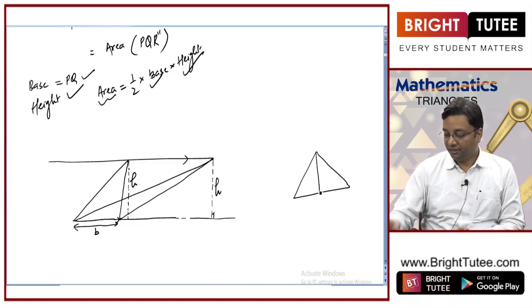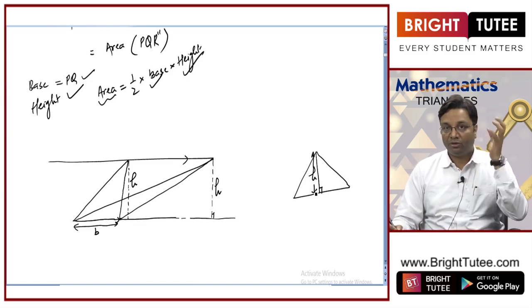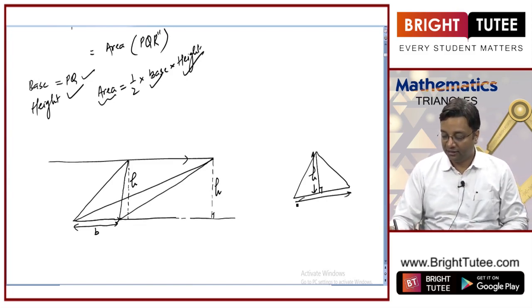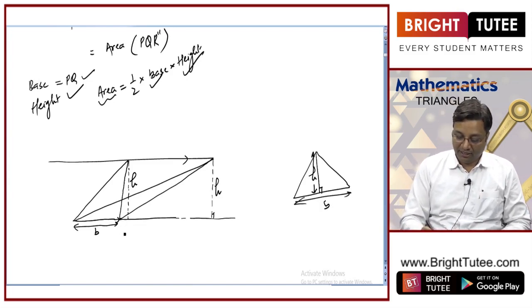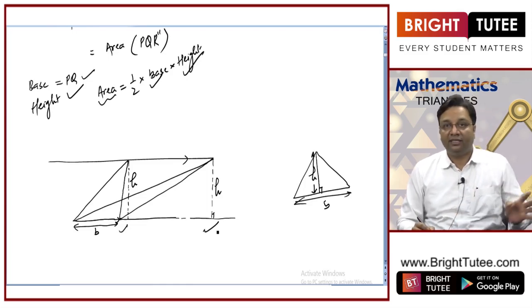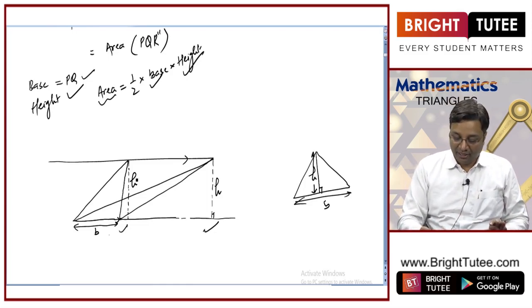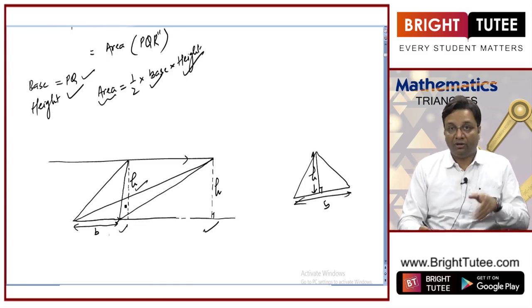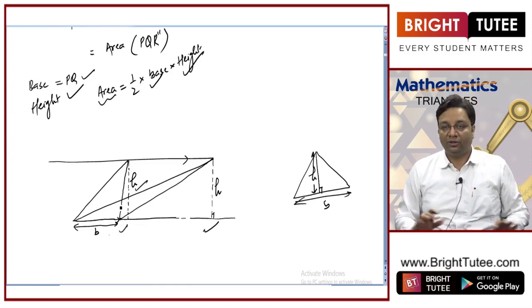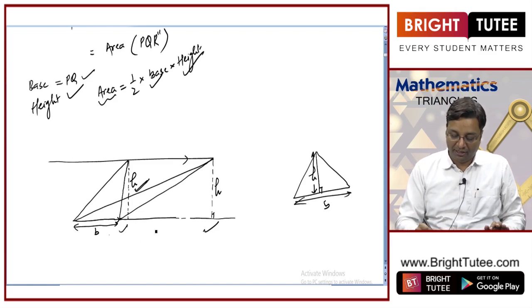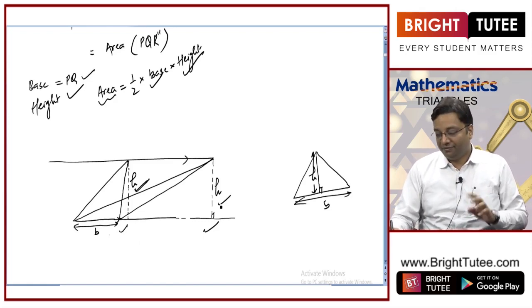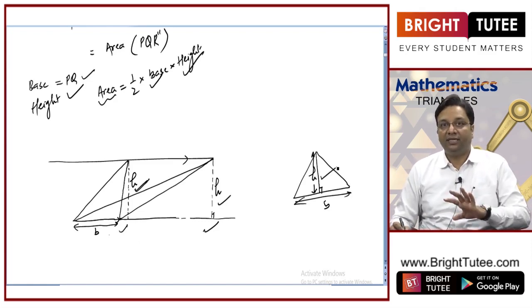Let us say if I drop a perpendicular here, this is your notion of height in a triangle and this is the base. Now, in these triangles, the height is outside the triangles. These are obtuse angle triangles that I have made, and in these the height or the altitude is outside the triangle. So, you do not have to worry about it. It will work in the same way this height inside the triangle works.